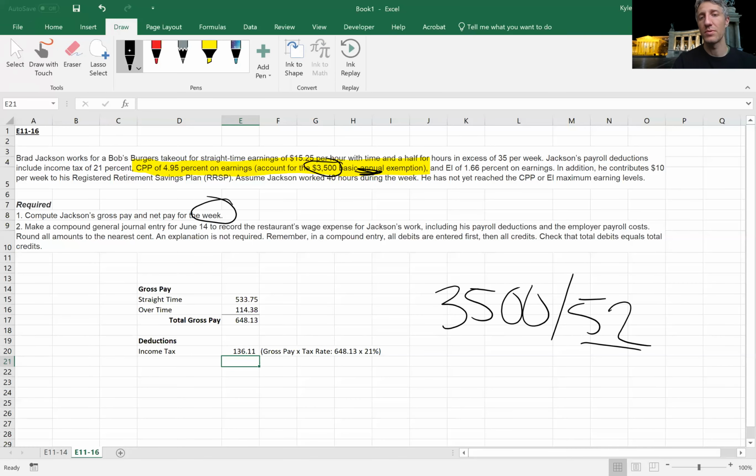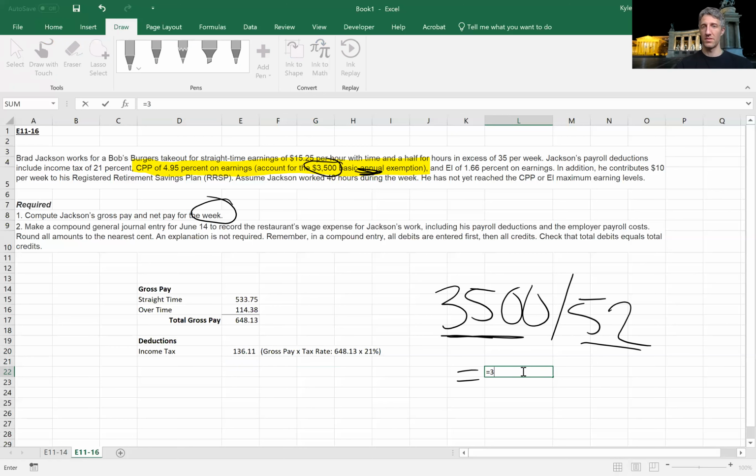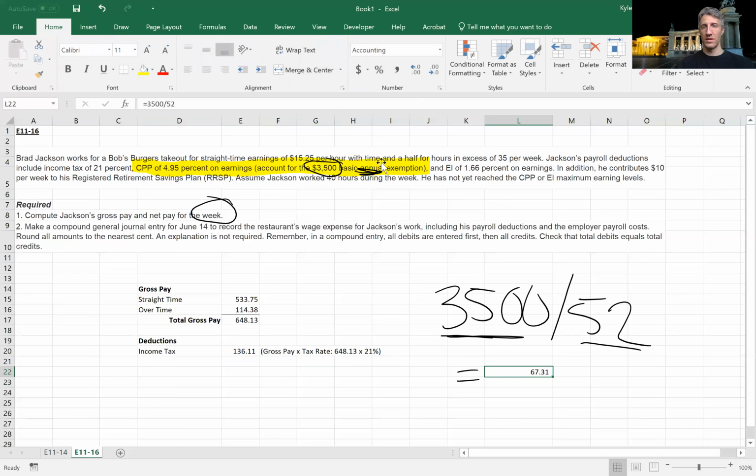There's 52 weeks in a year, so we're going to divide the annual amount, $3,500, into a weekly amount, and that's going to equal $67.31. Okay, so to calculate the CPP deduction, we take the gross pay, subtract this weekly exemption, and then multiply that by the rate we're given of 4.95%.